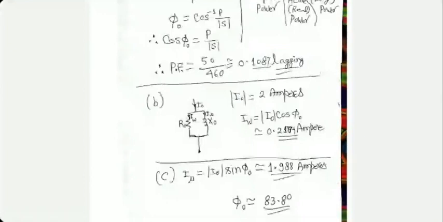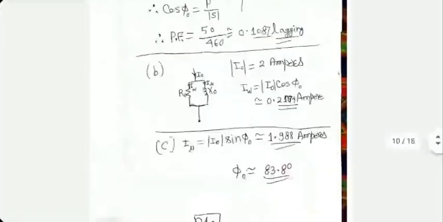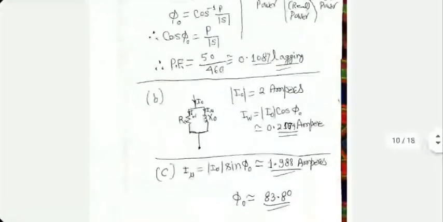Then you sum up the two to get the total current flowing through the core. Phi naught, by the way, will be almost 83.8 degrees. Anyway, they want only the individual currents, not the total. So I mu is simply I naught. The total we know anyway is 2 amperes. If your calculations are right, the total will turn out to be 2 amperes with some angle, of course.